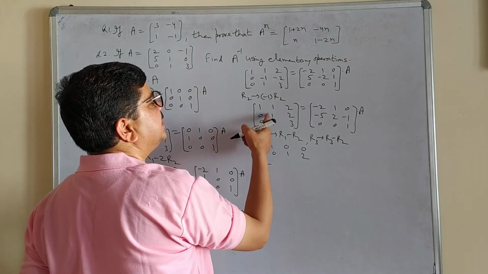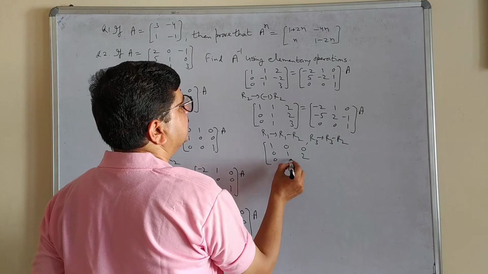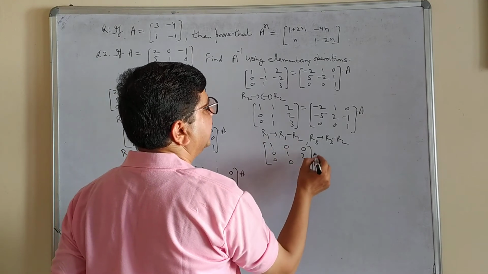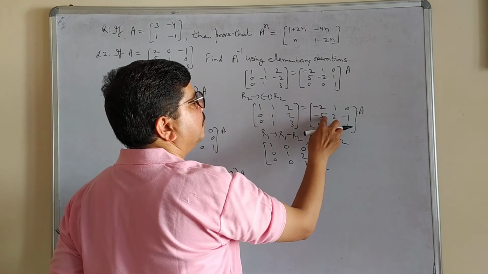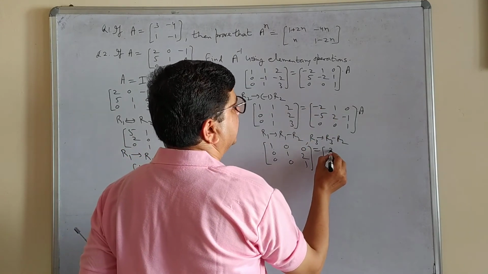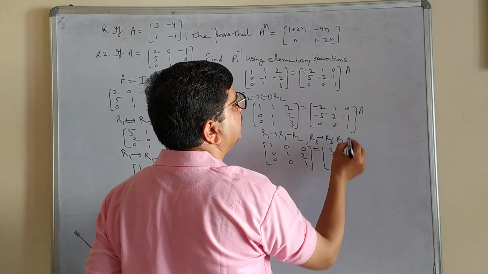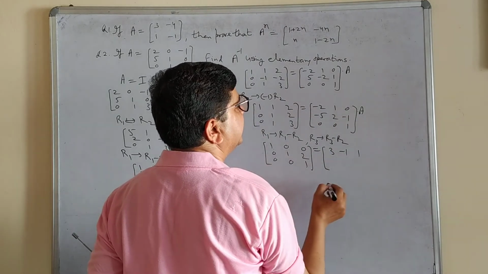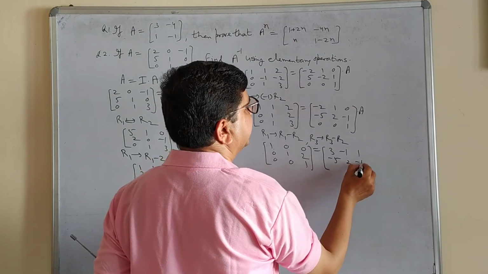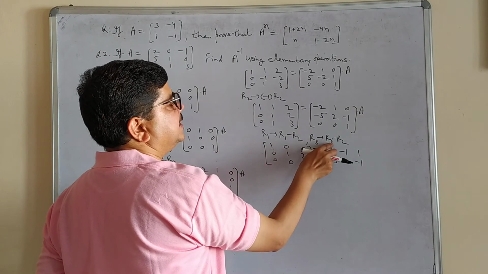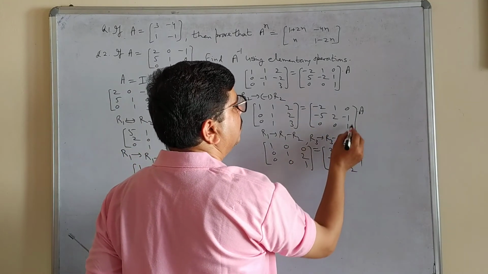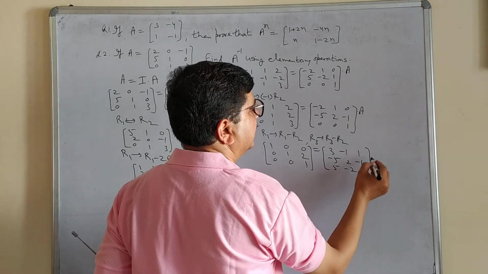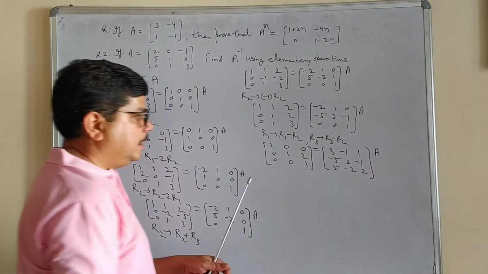R3 as R3 minus R2, 0 0 3 minus 2 is 1, R1 minus R2, minus 2 plus 5 is 3, 1 minus 2, 0 plus 1, minus 5 2 minus 1 as it is. Then R3 as R3 minus R2, 0 plus 5, 0 minus 2, 1 plus 1 times A.